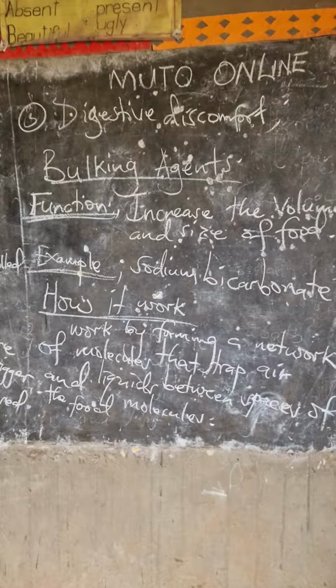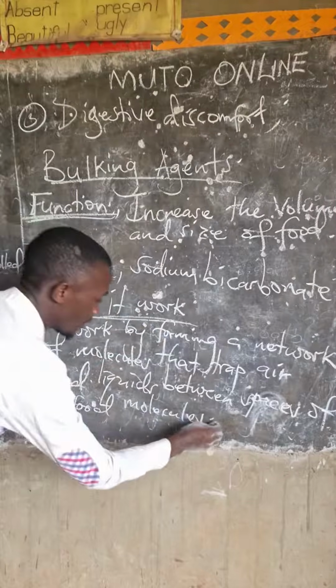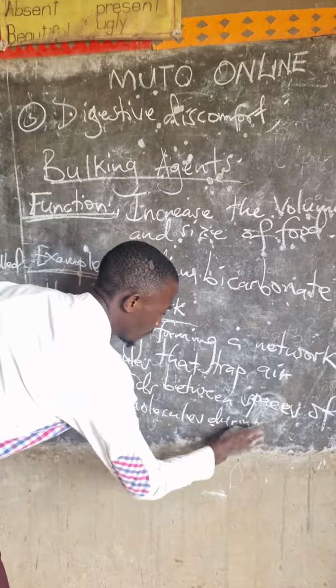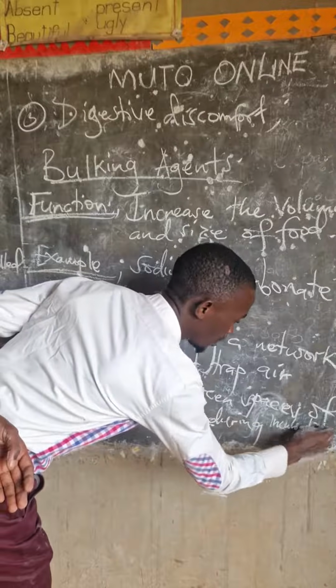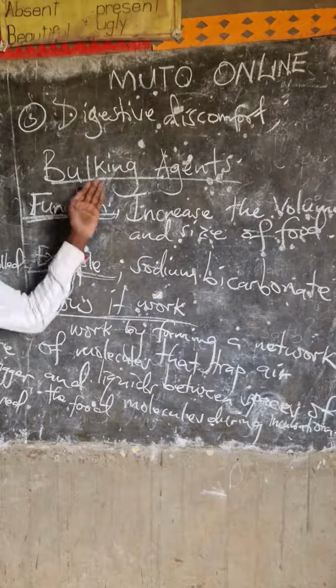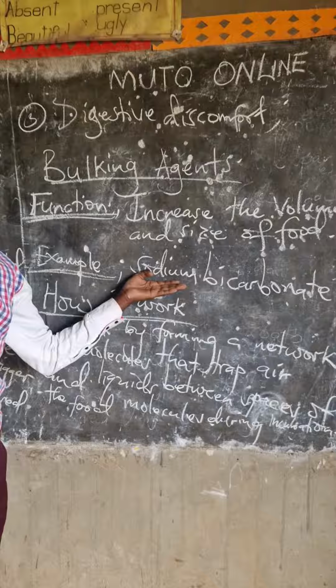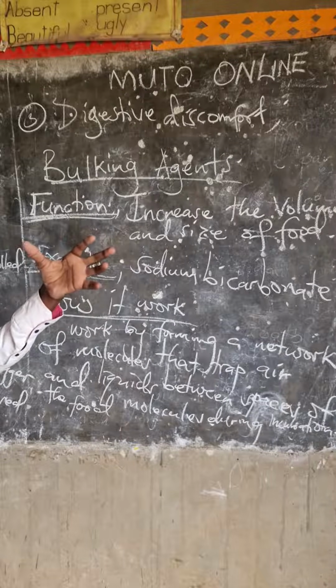If you have ever seen any bread, when you try to break a piece of bread, you find some air spaces in them. The air spaces are there because during fermentation, these bulking agents, the sodium bicarbonate, form interconnecting molecules.